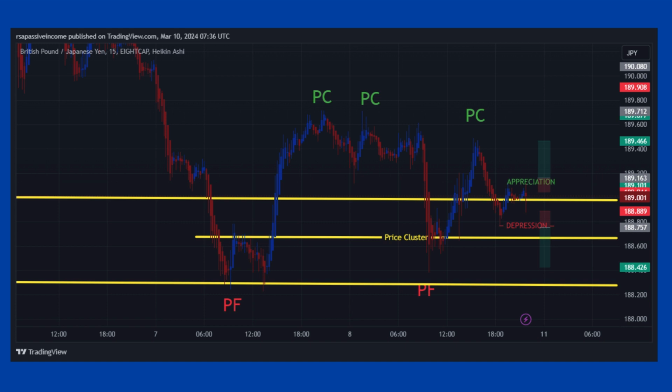Moving on to British pound, Japanese yen. Again, starting with price floors and ceilings.